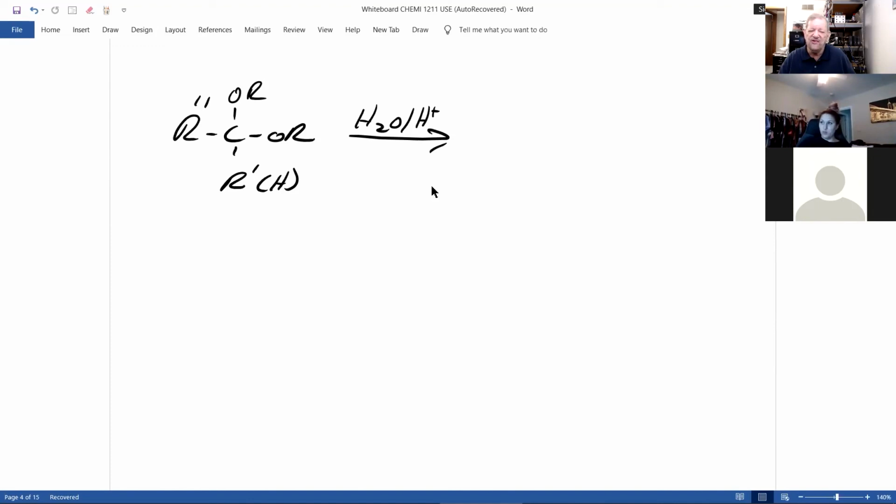Now here, this is one of the only 2 cases in organic chemistry. I just showed you the other one. This is the second one where you have 2 oxygens single bonded to the same carbon. And what you get back is the ketone or aldehyde. Remember, R prime can be hydrogen or carbons, plus the alcohol you would have used to make that. Now, as you've seen on test 1, and test 2 will be the same, it says give the product or products.